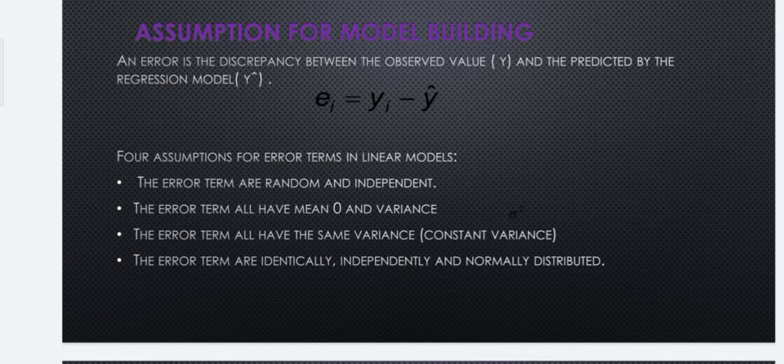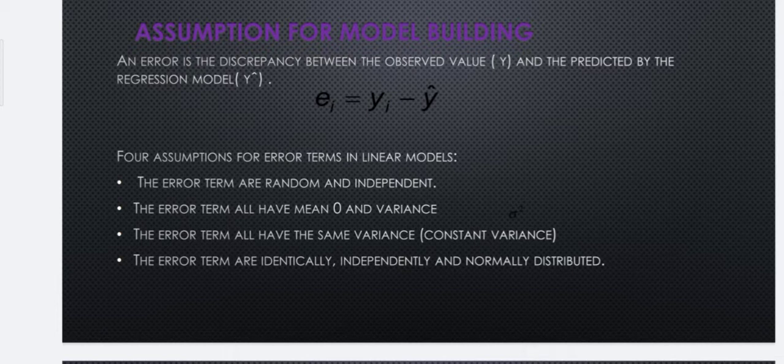Okay, if the points create any pattern, whether it is mencapah ataupun membentuk kuadratik, so we can conclude that the residuals are not independent, so the assumption is not fulfilled.